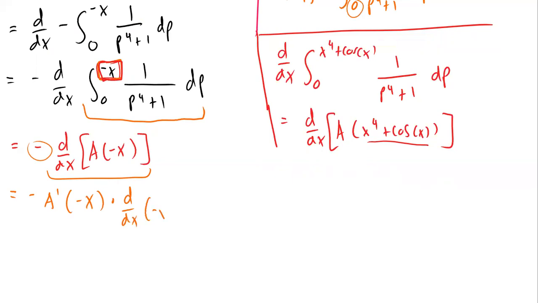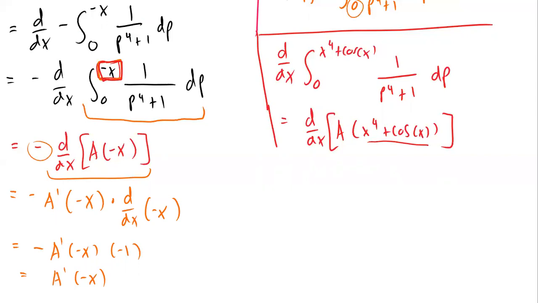So the derivative of negative x. Now, of course, the derivative of negative x is just negative 1, so times negative 1. So that simplifies the negatives. Negative times negative is positive. So it simplifies to this.